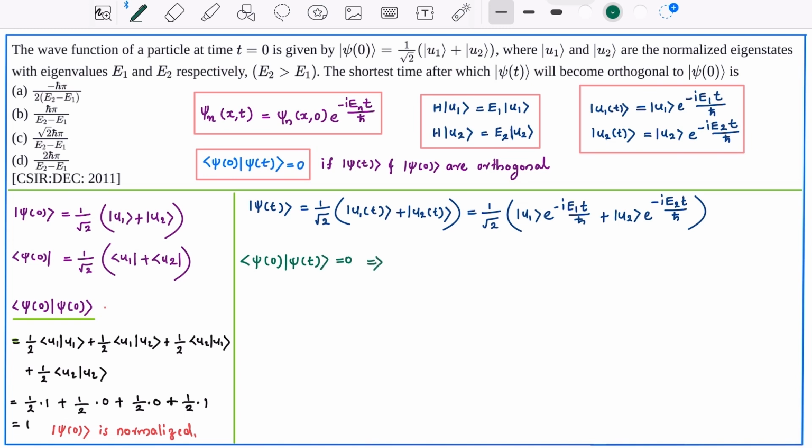The inner product of psi of 0 with psi of t equal to 0 implies 1 by root 2 bra u1 plus bra u2, then 1 by root 2 within bracket ket u1 e raised to minus i e1 t by h bar plus ket u2 e raised to minus i e2 t by h bar, that is equal to 0, since psi of 0 and psi of t are orthogonal.